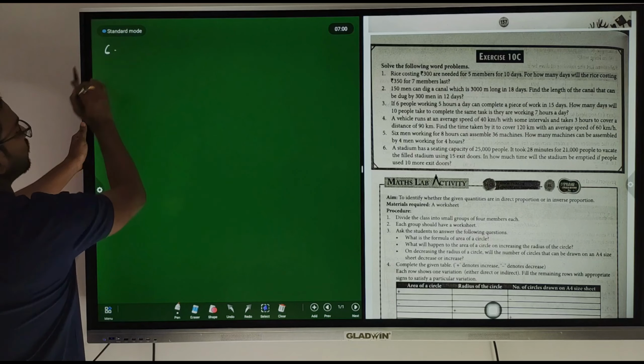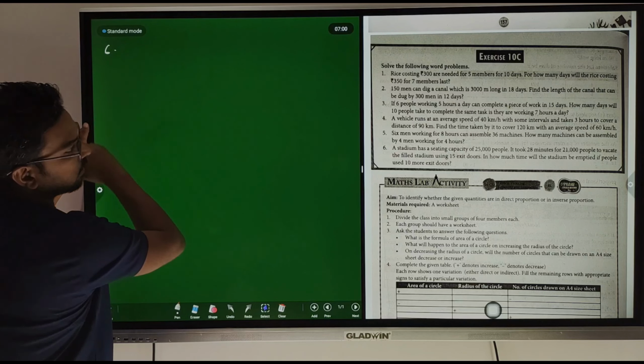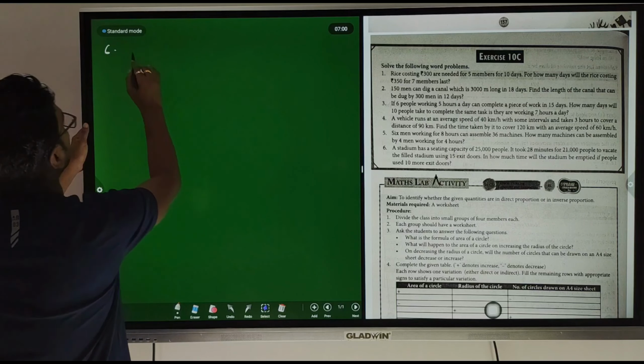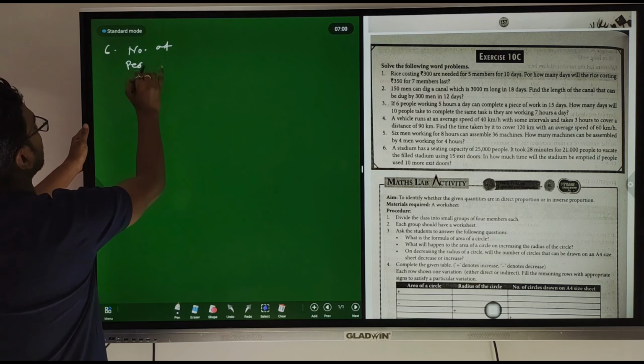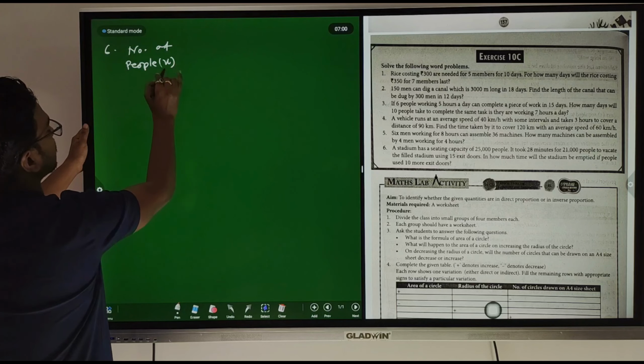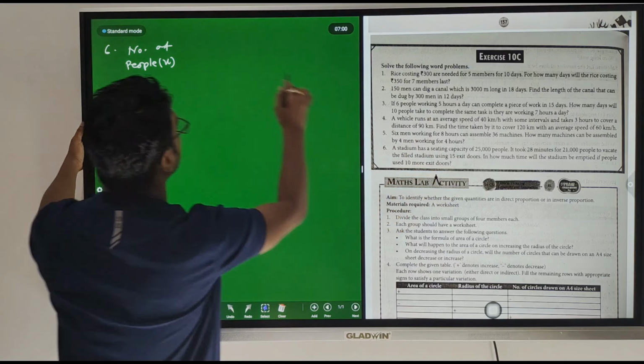The last one, what we will do? Capacity, number of people, that is x. Then time taken.